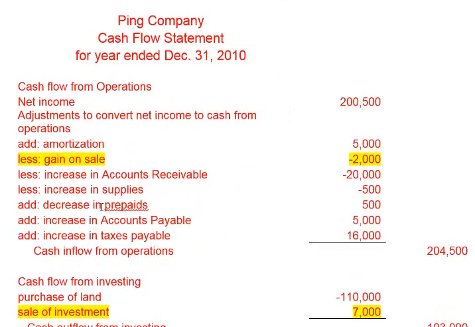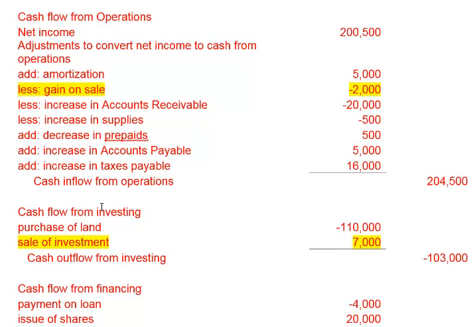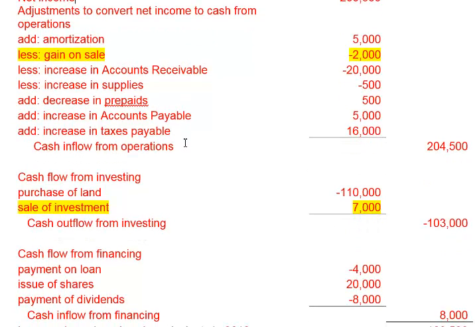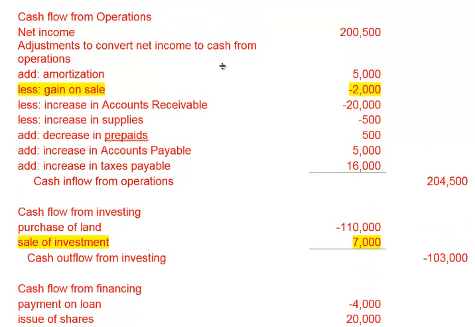Because I paid down less, and I want to reflect only what I paid down when I convert my accrual-based income to cash-based income. I only want to reflect what I paid down, which is less than what I incurred when I increased my payable and my taxes payable. So now I want to add 5,000 and 16,000 respectively to convert my accrual-based income to the cash basis.